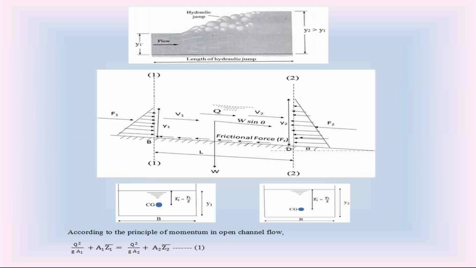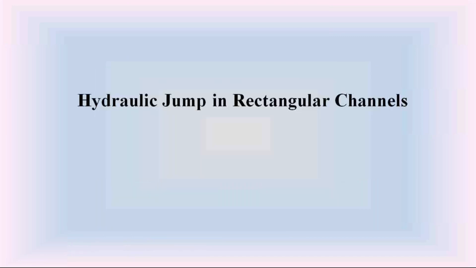So check this diagram. I consider the hydraulic jump formed in the rectangular channel. This may be a river or an artificial, man-made channel. Please everyone check this diagram. I am going to discuss with you the hydraulic jump in the rectangular channels.